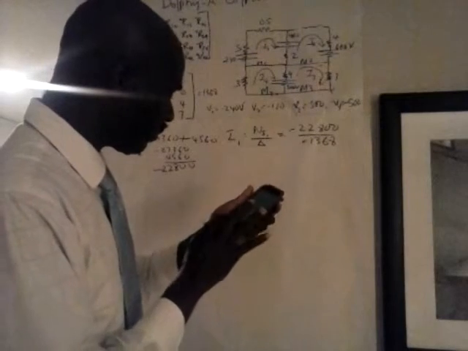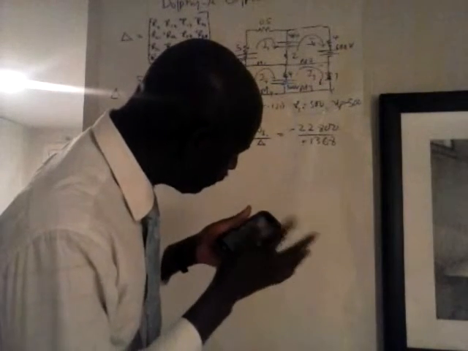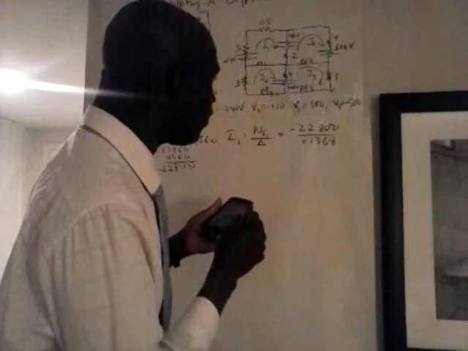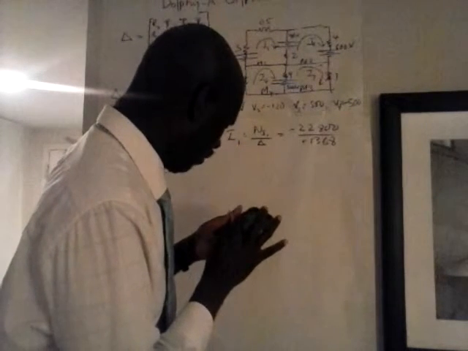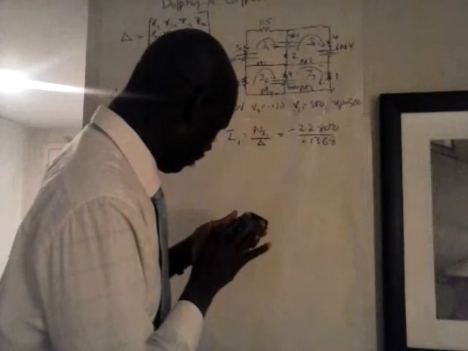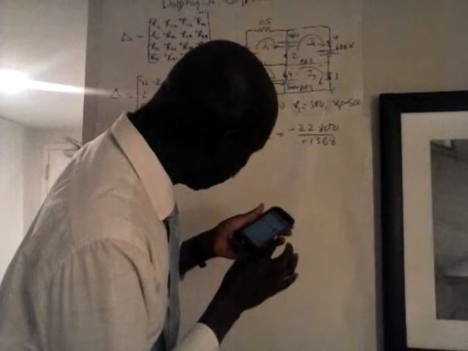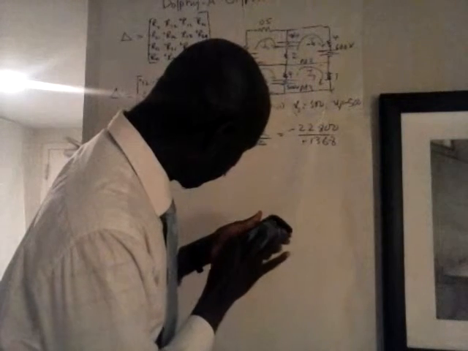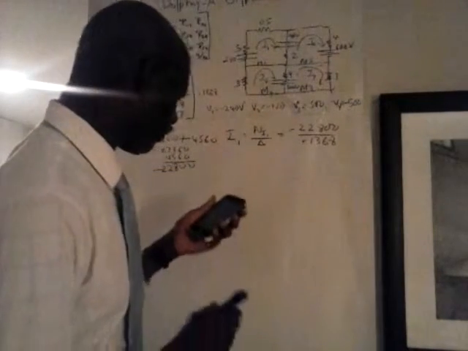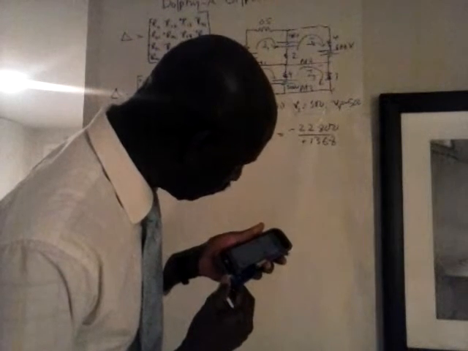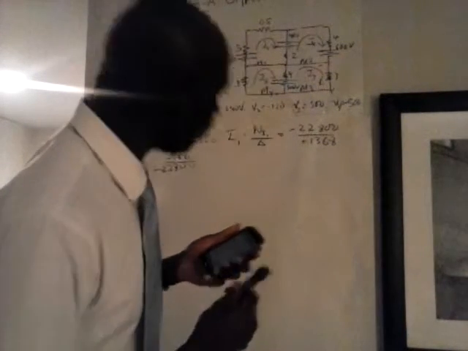All right, so we're taking now 22800, and we're dividing it by 1368. That is equal to 16.67, and so on.